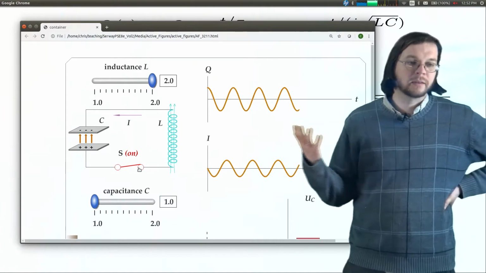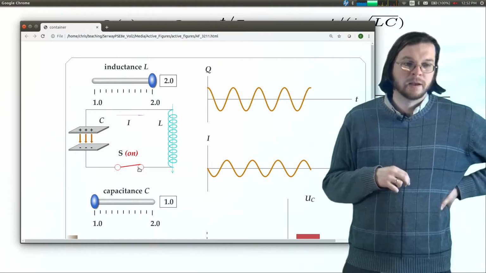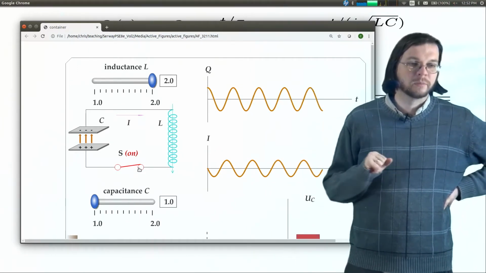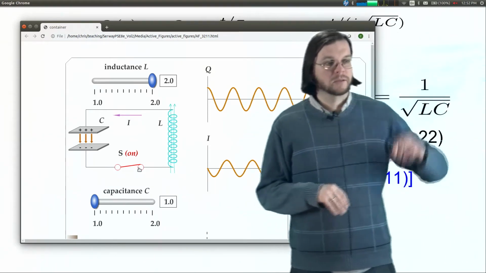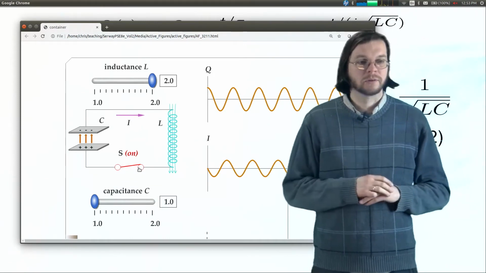Now in reality, the wire is always going to have some small amount of resistance, but to the extent that resistance is negligible, it's just going to do something like this. And again, the reason has to do with the oscillating solution to the equation that governs this situation.